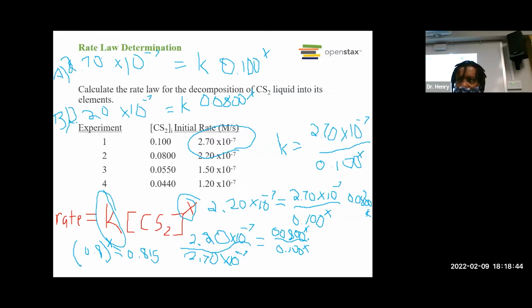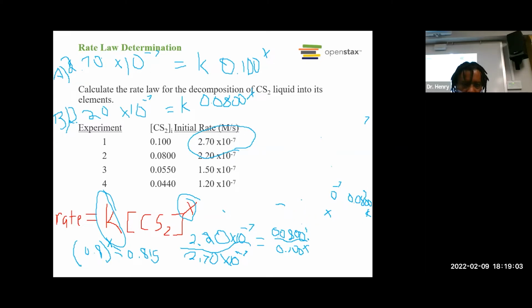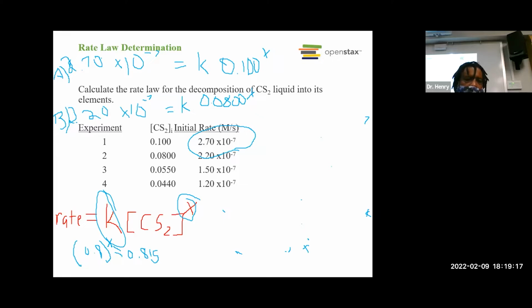Do you mind if I erase this stuff up top so that I can, okay, although we're going to need it a little bit later. Running out of room here. Okay. So then, if we take the natural log of both sides, we get ln of 0.8 to the x power.